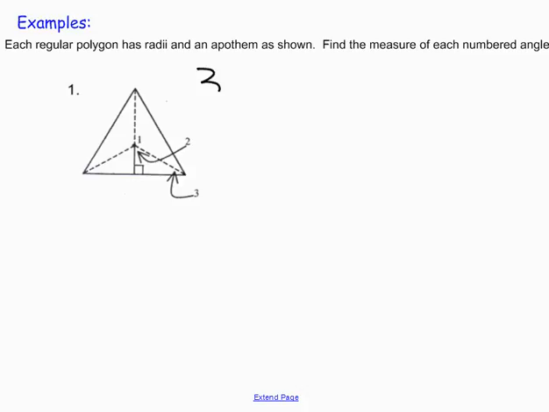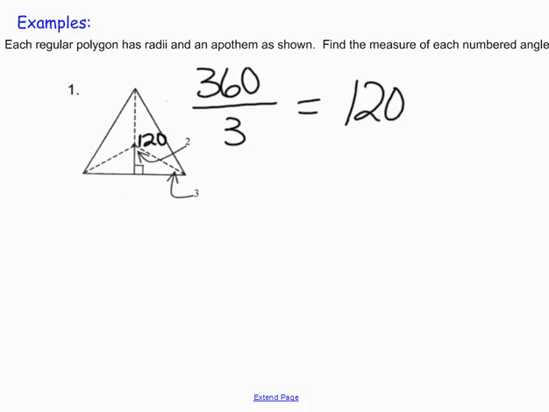So 360 divided by the number of sides in a triangle, which is 3, is 120. So I know that if I divide this triangle by the number of sides, this angle right here is 120. So that means that this angle right here is 120. This angle right here is 120. This angle right here is also 120.